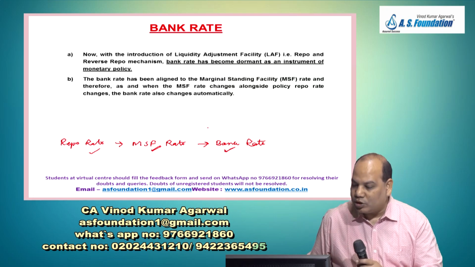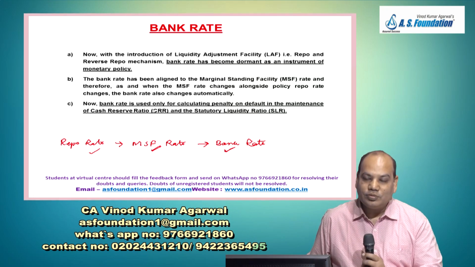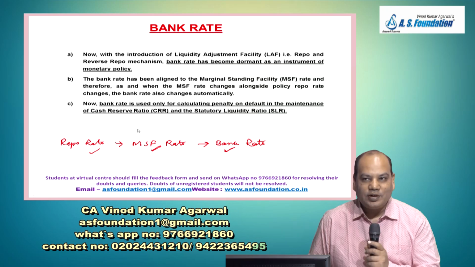Now bank rate is normally not used, but at one place bank rate is used. At which place is the bank rate used? When the RBI has to calculate penalty on default in the maintenance of CRR and SLR.